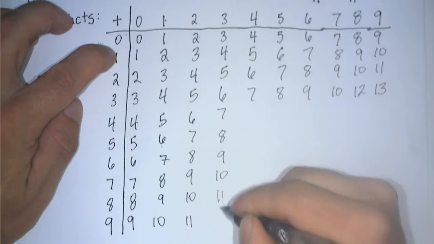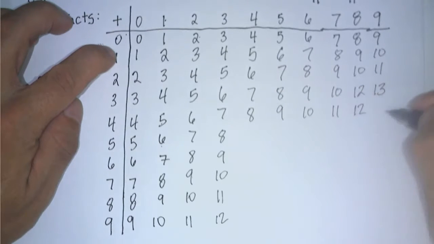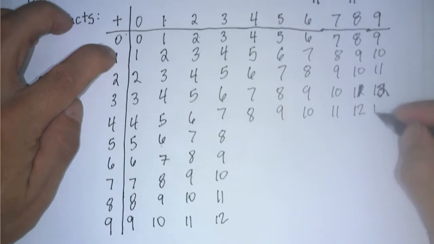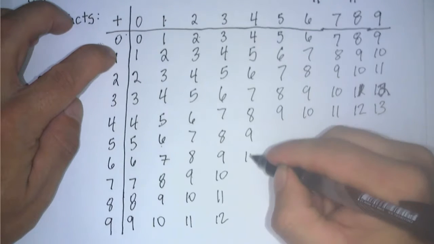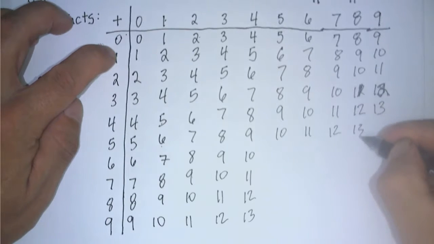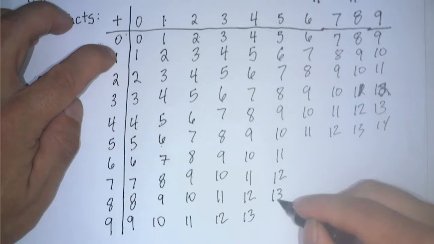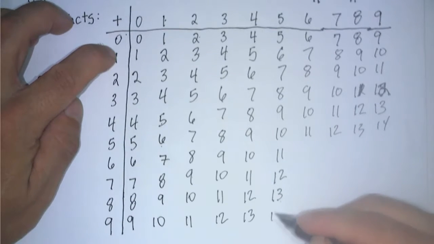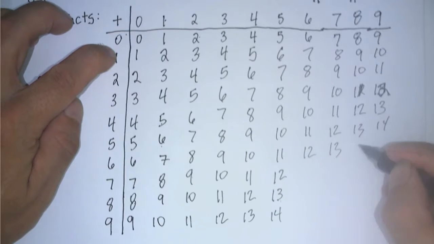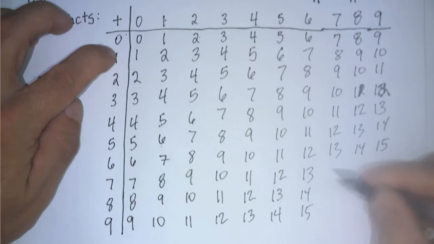10, 11, 12, and so on. We just keep making this count: 13, 14, 15, 16, 17, 18.